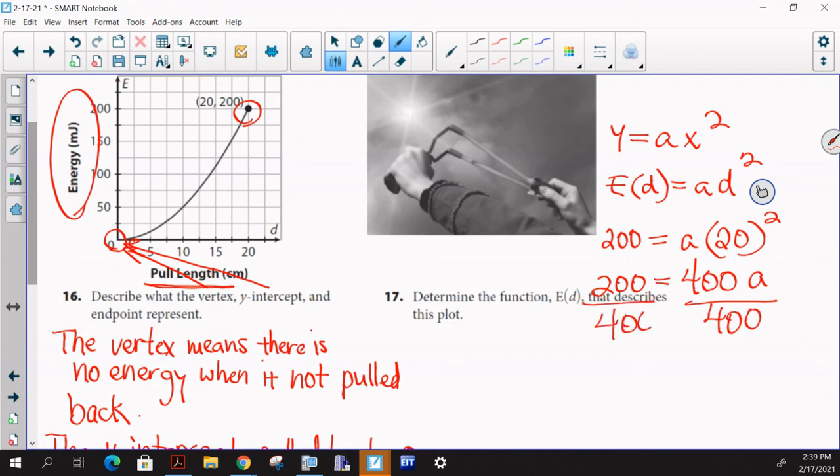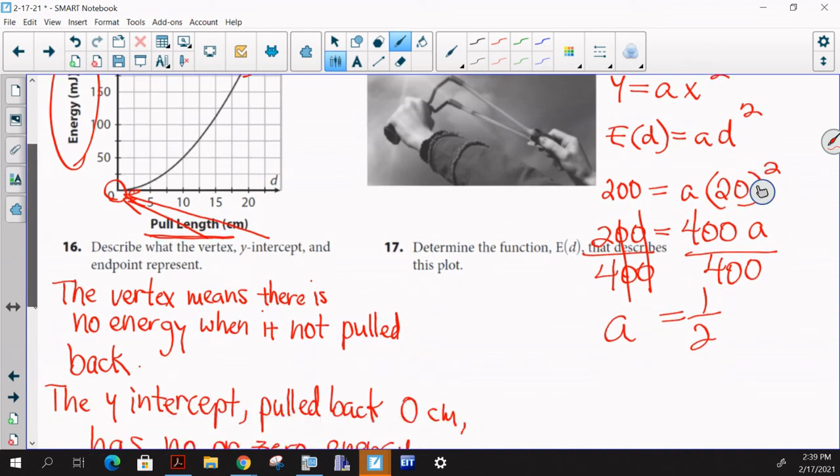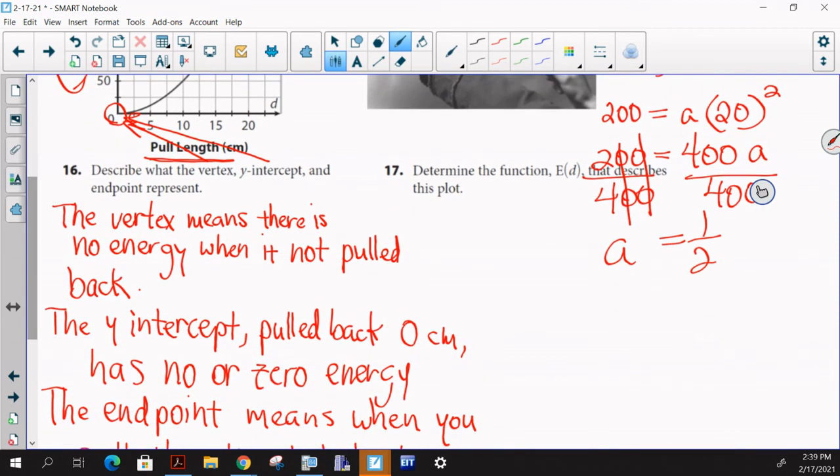When I do that, I can reduce the fraction 200 divided by 400 because that's actually 1/2. When you think about it, the 200 is half of 400, so that makes sense. So to write the function the way I need to, write it this way. And the trick was finding the value of A.